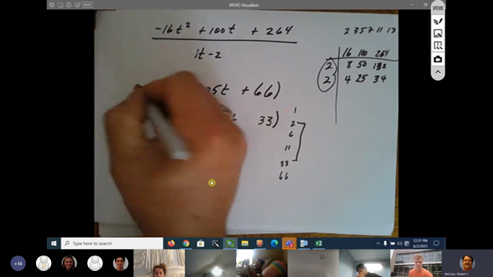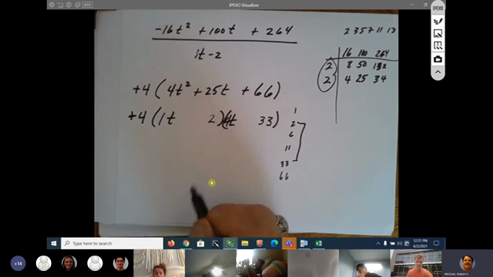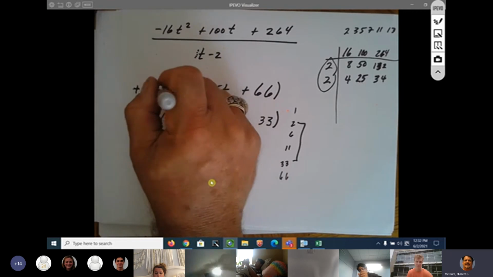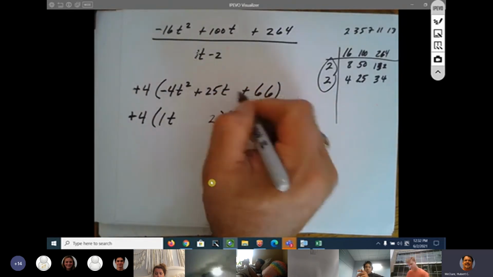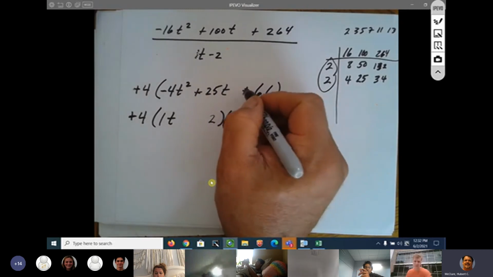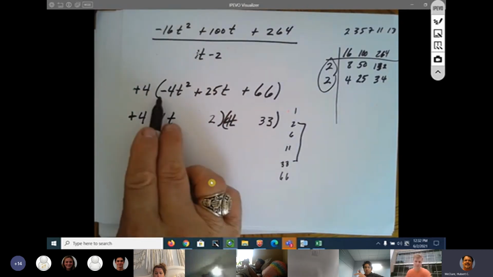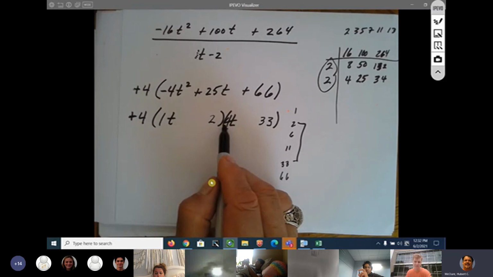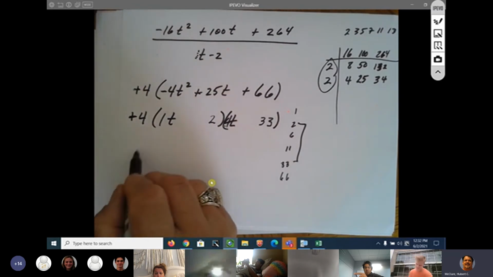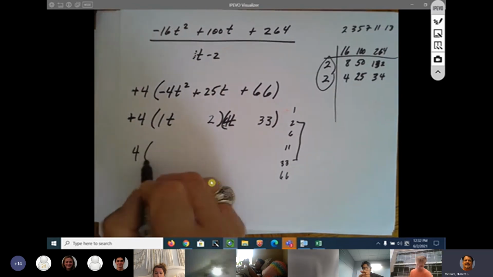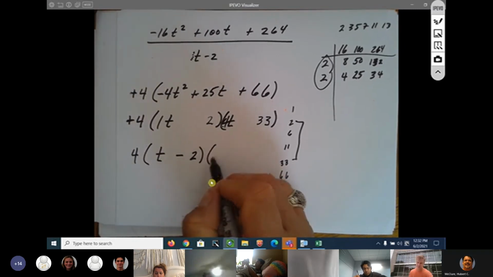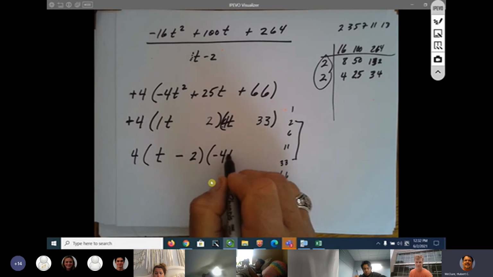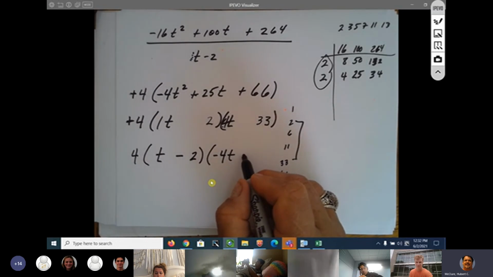So let's make that a positive, and then this would still be negative, positive, and negative. That'd be a negative right here. So that would work. So 4 times t minus 2 times negative 4t plus 33.